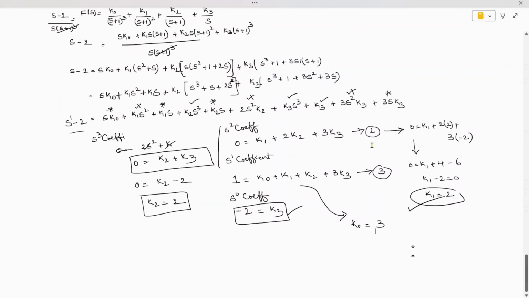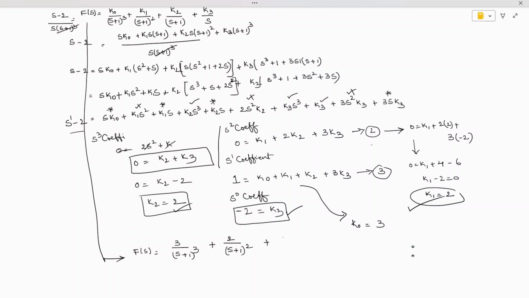Okay. So if you substitute here all in this equation, then we can write down f of s after partial fractions as f of s is equal to k naught. K naught value is 3 divided by s plus 1 whole cube plus, what is k1 value? K1 value is 2 divided by s plus 1 whole square is the another term, plus k2.